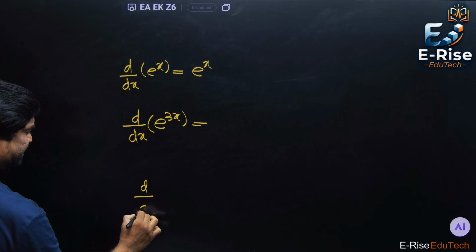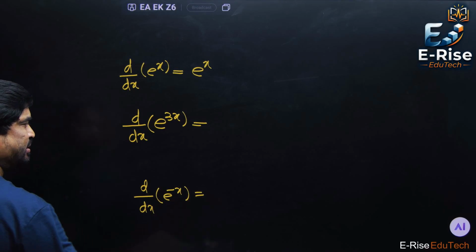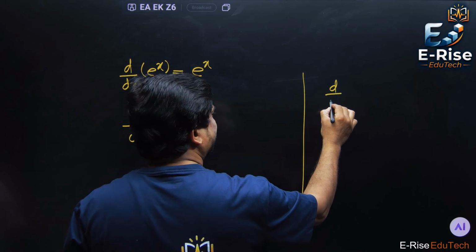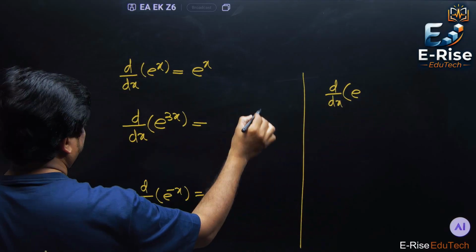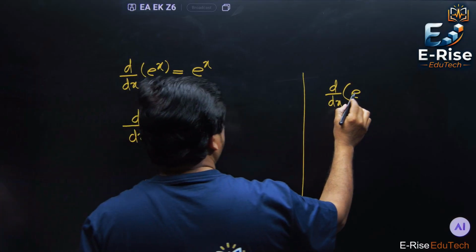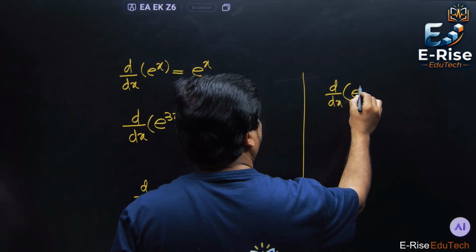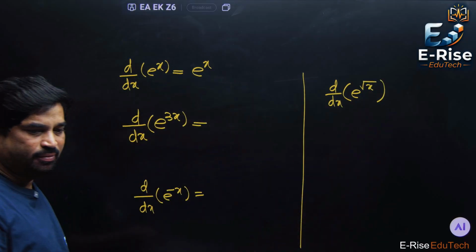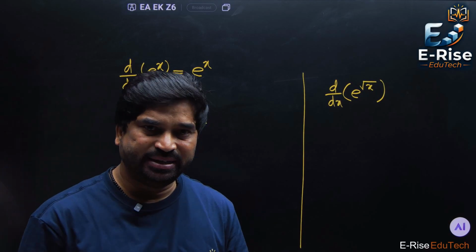Suppose d by dx of e power minus x is given. How to solve this? Suppose d by dx of e power root x is given. How to solve? We'll see that. So simple logic, very important logic is here.